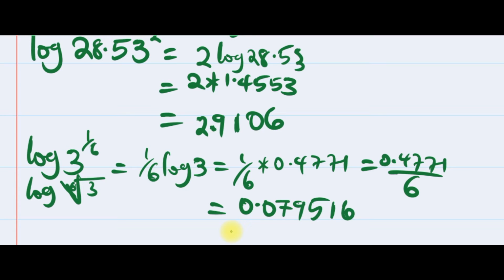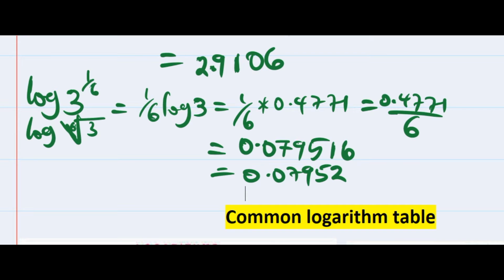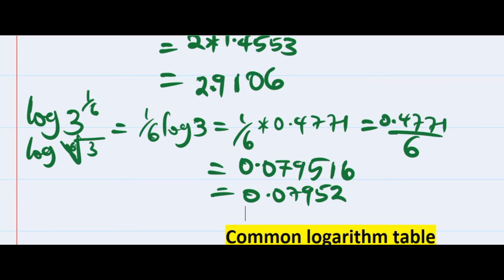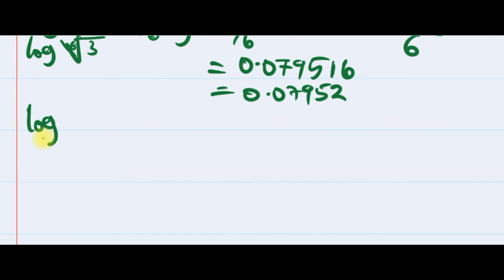This should be 0.07952. We stop after the first 4 non-zero digits in the decimal part. So that's it.